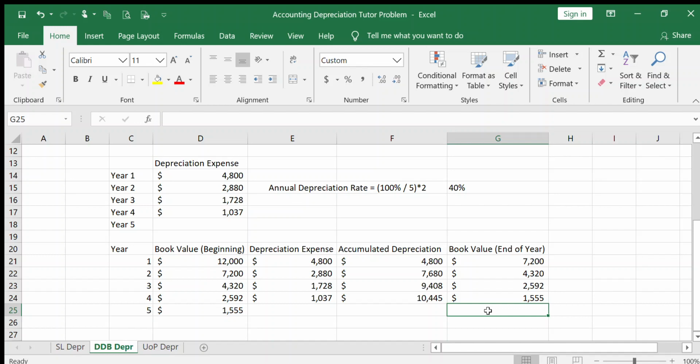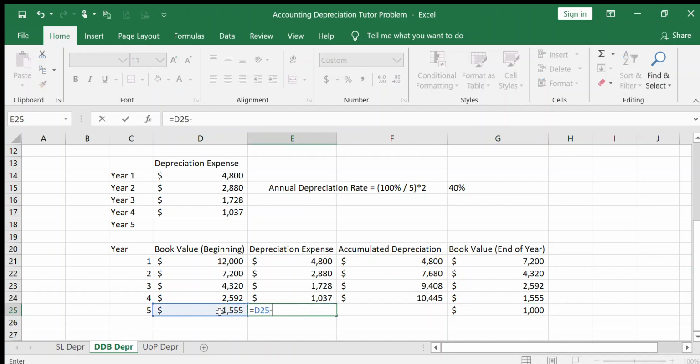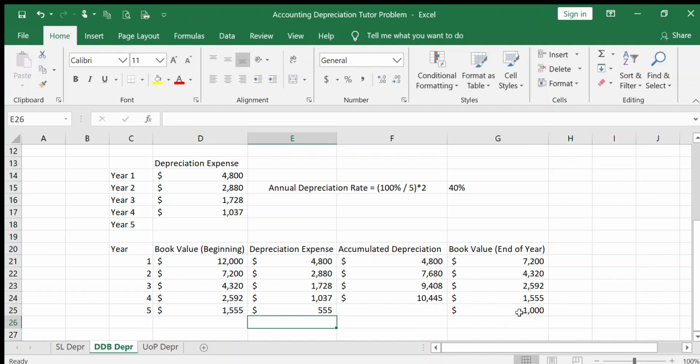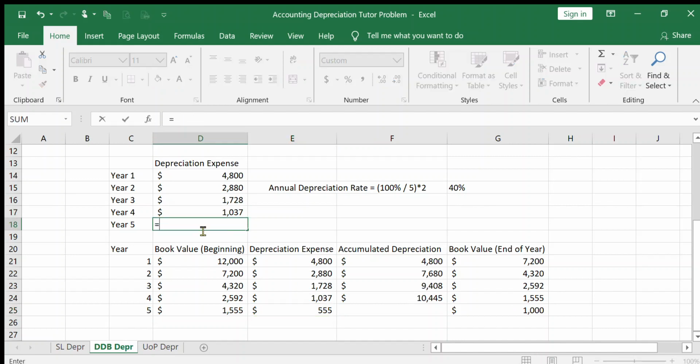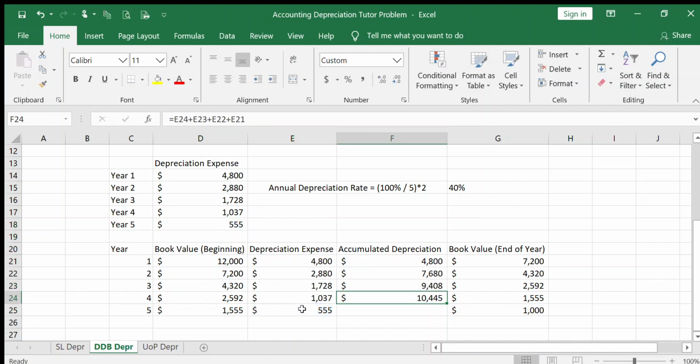So the way we do that is we go ahead and put 1,000 here and work backwards. Since we know we want our book value at the end of the year to be 1,000, but our beginning book value is 1,555, all we do is 1,555 minus 1,000, and that gets us our depreciation expense for year 5. We don't use the formula that we've been using. We instead just fill in the blanks so that we can get to our salvage value of 1,000.